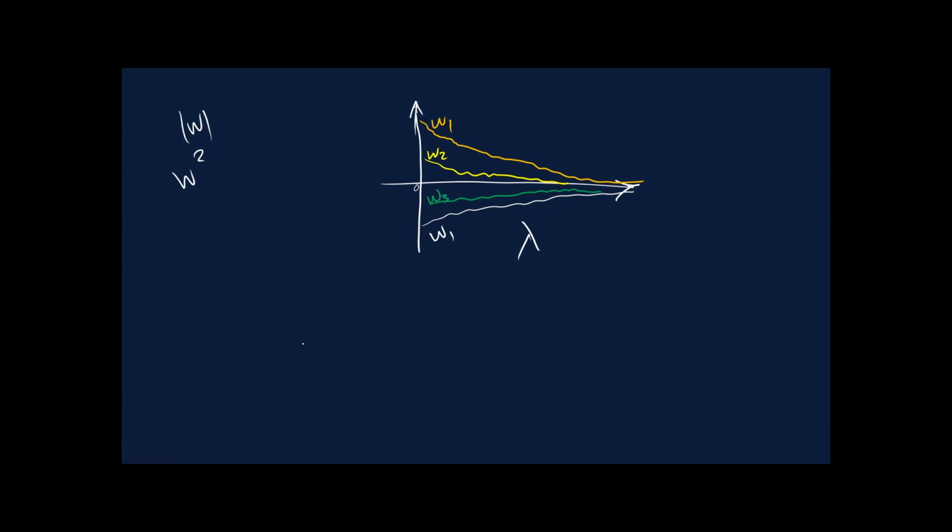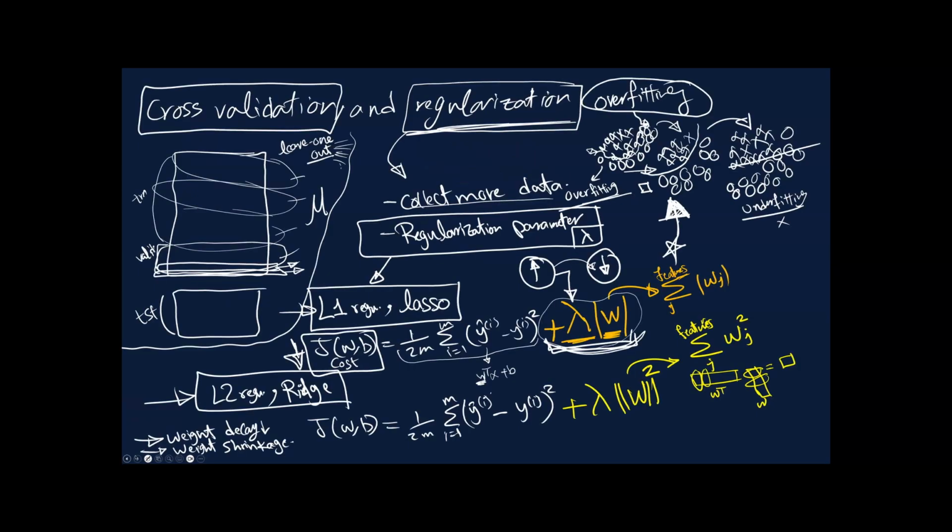So do you have any questions on that? No. Okay, perfect. So this is really achieving the effect of weight decay. When we increase the value of lambda, the weights just decay like that, and this makes the classifier go in this direction because the weights are getting smaller and smaller.